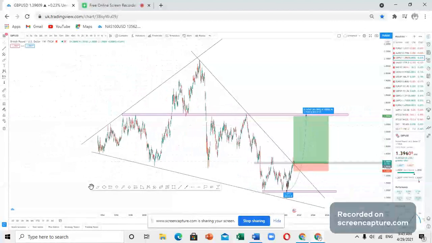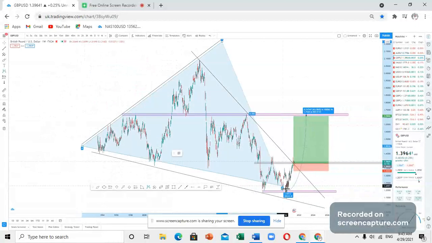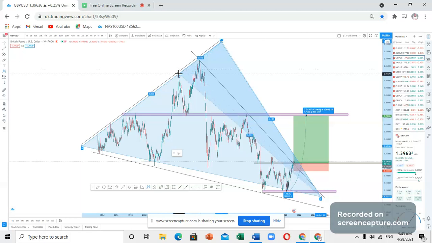Also on this pair, you can see that there's a kind of a triangle that has always been forming. That's the triangle that the markets have generally been showing.